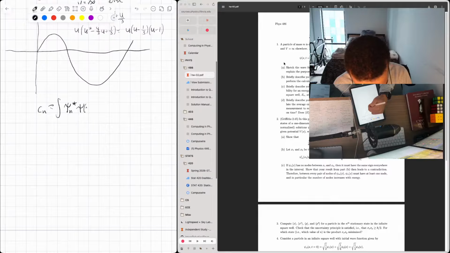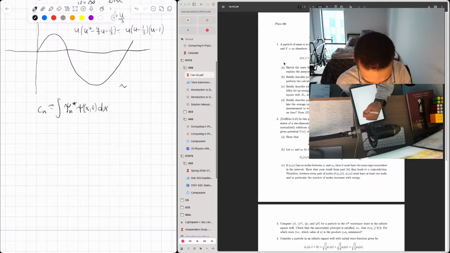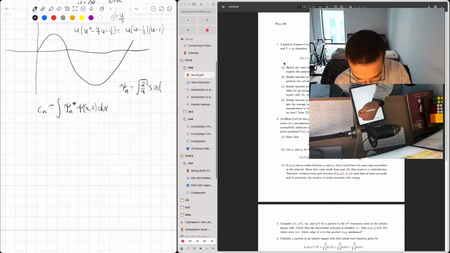Psi x comma 0 dx, which would give me some function, and psi n, of course, is root 2 over a sine n pi x by a.